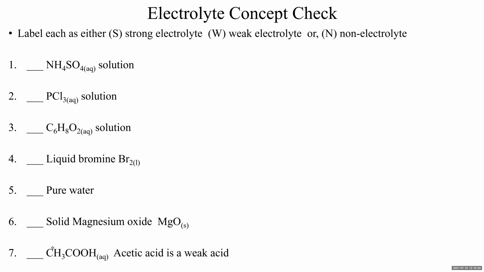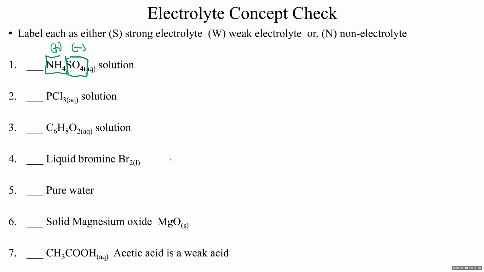Okay, so first one, ammonium sulfate. Though there are no metals in this compound, we still know that this is an ionic compound, right? How do we know? Because ammonium is a positive ion, sulfate is a negative ion. And we know that all ammonium compounds are soluble.